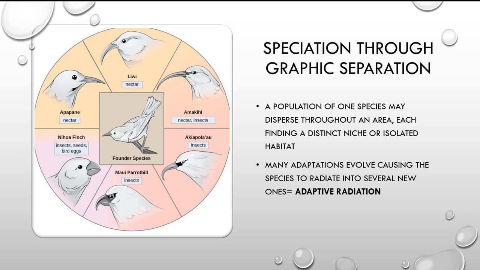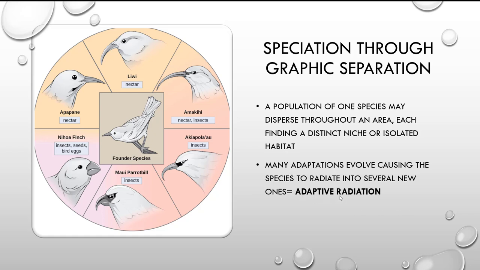The Hawaiian Islands are a very isolated island chain, and there are a lot of different habitats there. Once the founder species established itself and the population started to grow, it started to diversify. Okay, because of all of the different habitats, the population diversified into many different species.